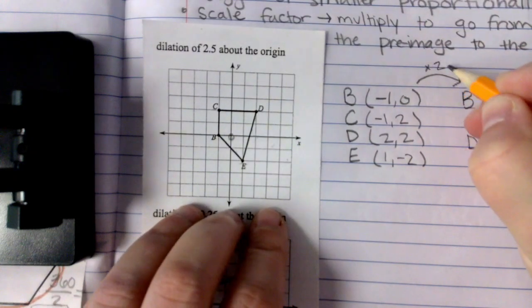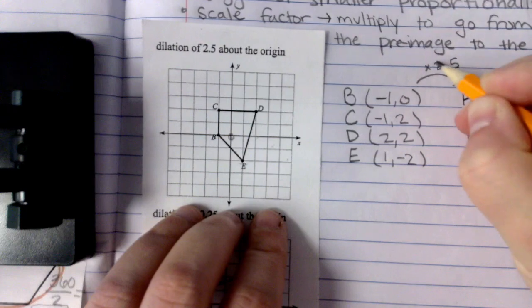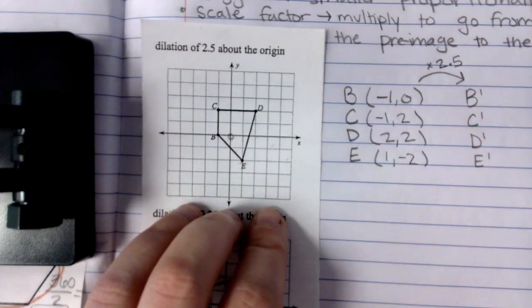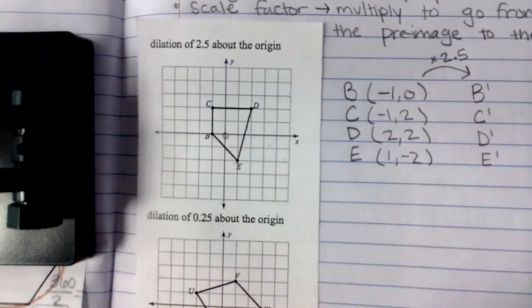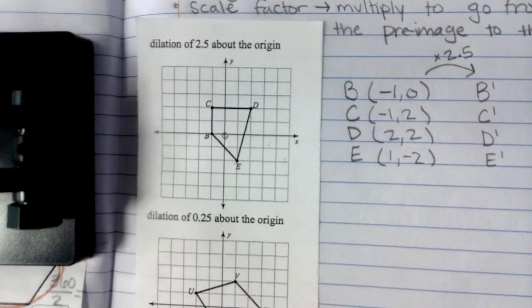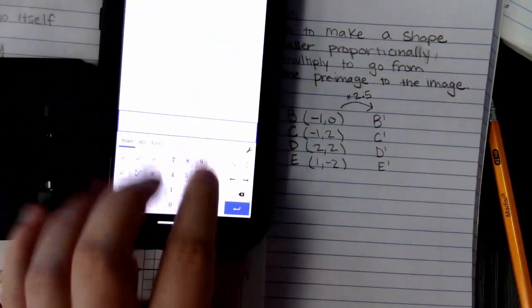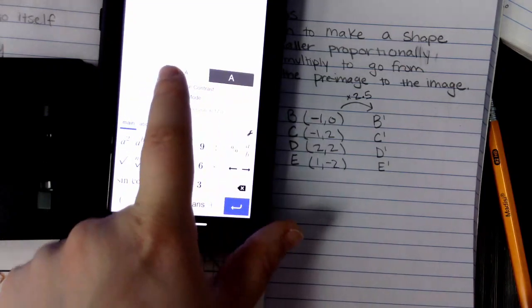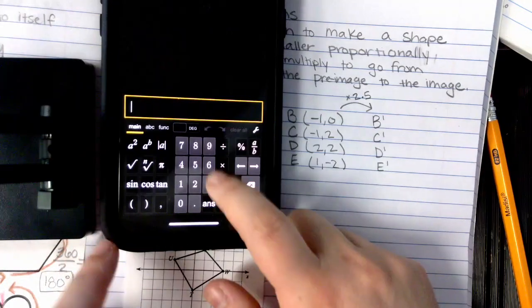So I'm going to take my Desmos calculator because those negatives work out a little bit better in Desmos. If you're using your regular phone calculator, be really careful that you know how negatives work. Don't just use the minus sign on your regular calculator. It doesn't always work. Okay, so I'm going to do -1 times 2.5, which is -2.5.